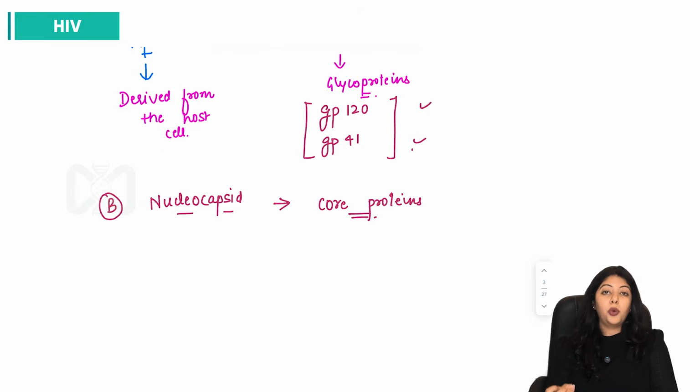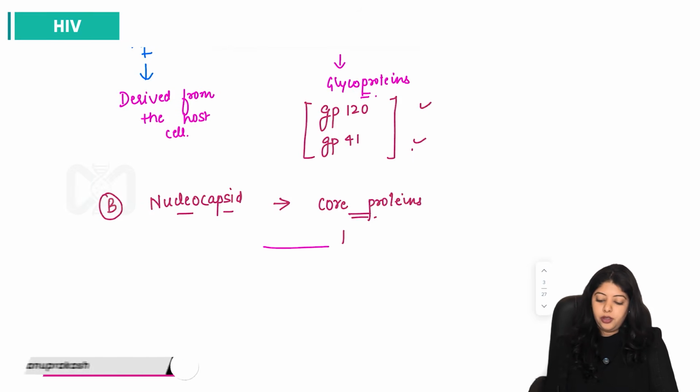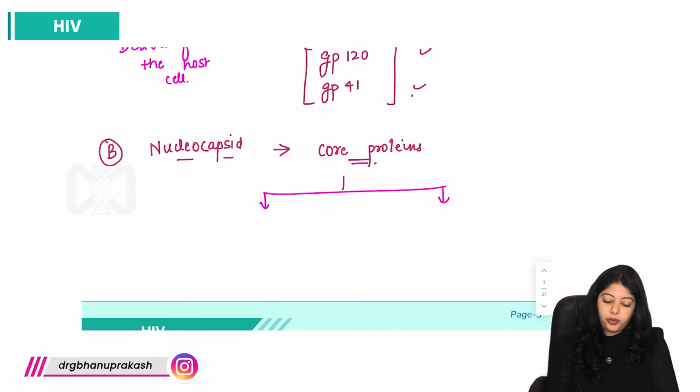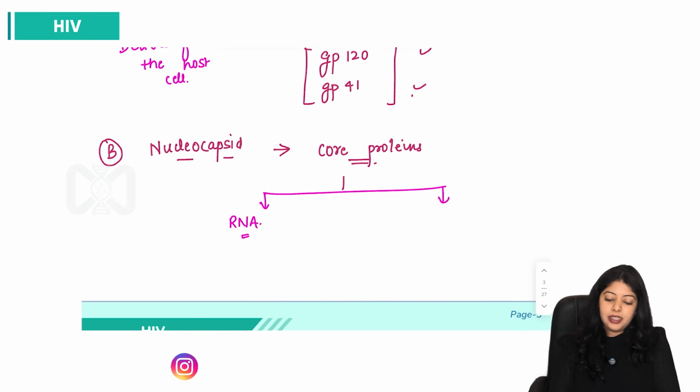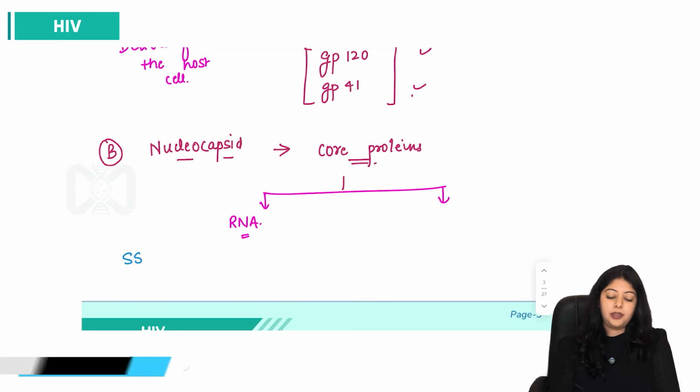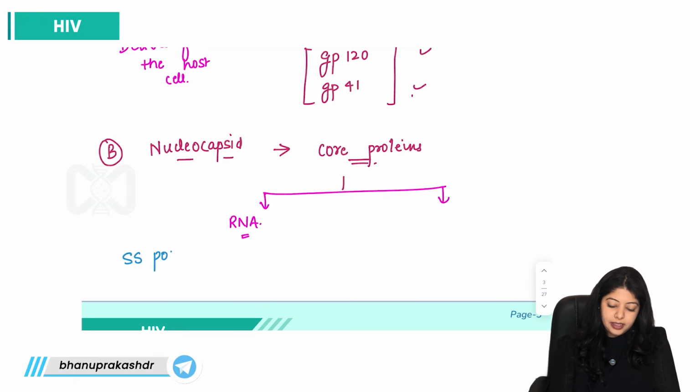So what does the core actually hold? Firstly, it is going to hold the RNA. And what kind of RNA? It is single-stranded, positive sense RNA, and that too linear.